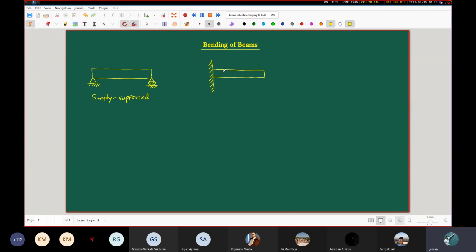This beam is firmly fixed to this wall, either through some clamps here, or a slight portion of this wall is excavated or dug out, and this beam is inserted into that wall, and then cement is put here, and so it is firmly fixed. There can be different ways of firmly fixing a beam to a wall, but the other end of it is completely free. There is no roller joint, no pin joint, nothing is there. So this is a cantilever.